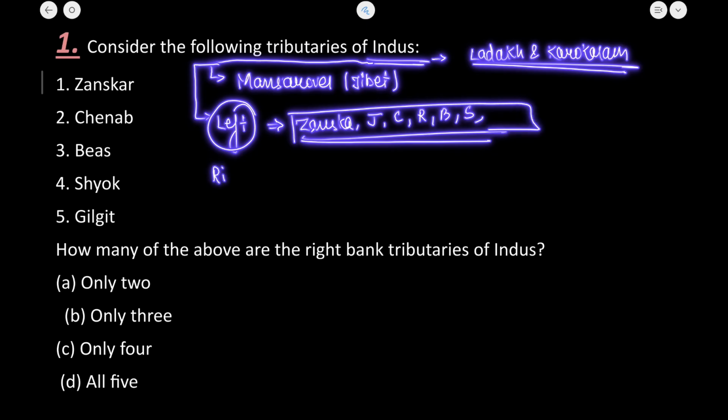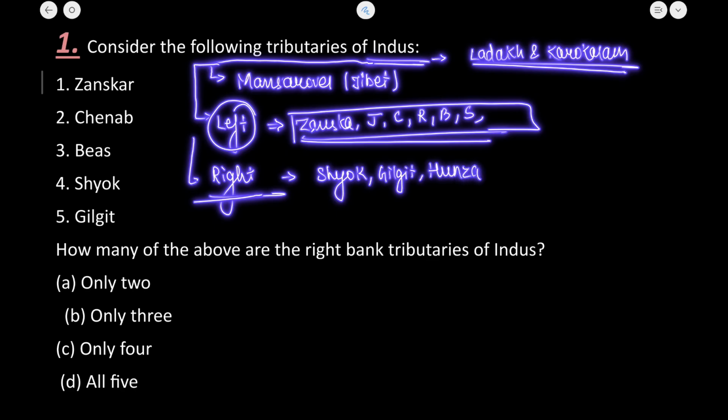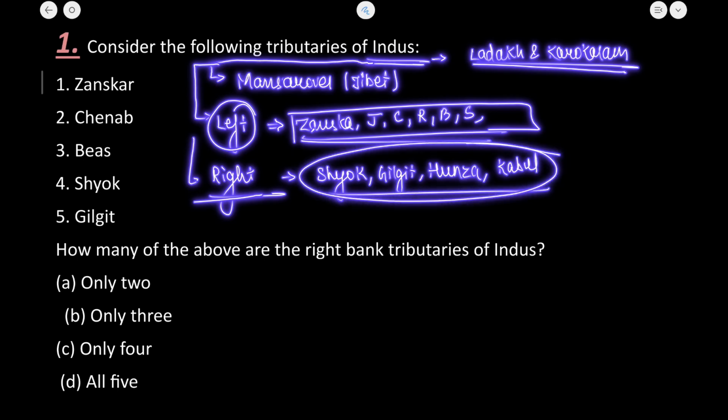If I talk about the right bank tributaries, that I have already told you, the river Shyok, river Gilgit, Hunza river, Kabul river, etc. These all are the right bank tributaries of river Indus.